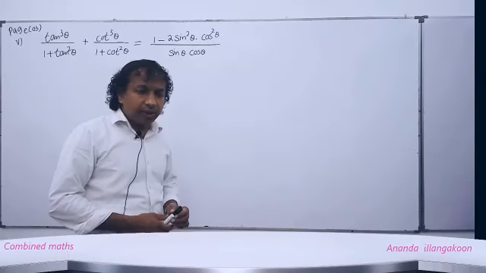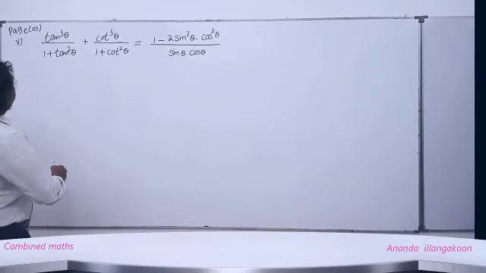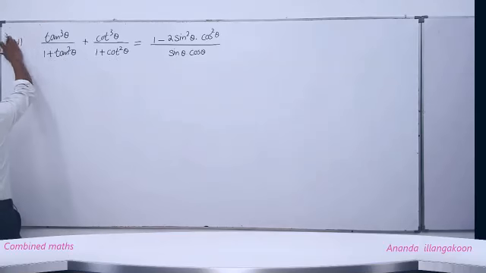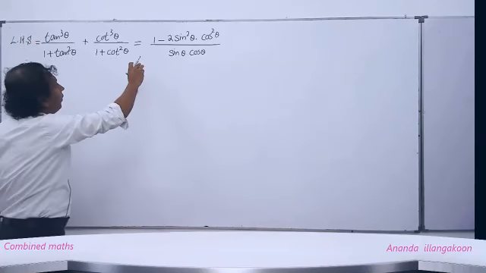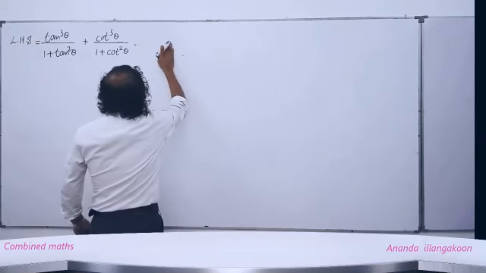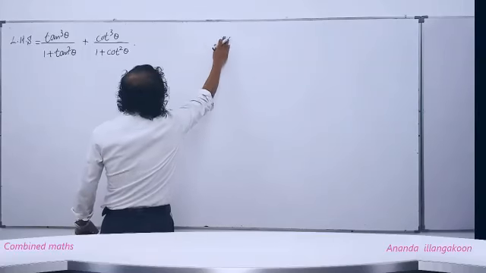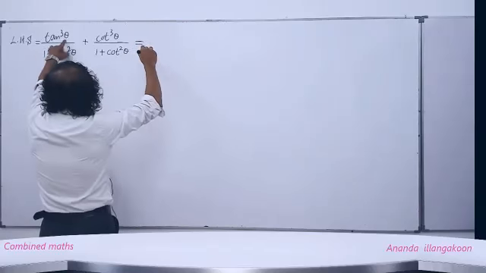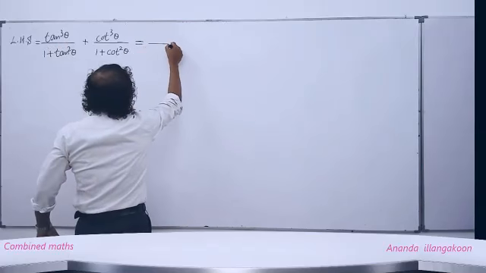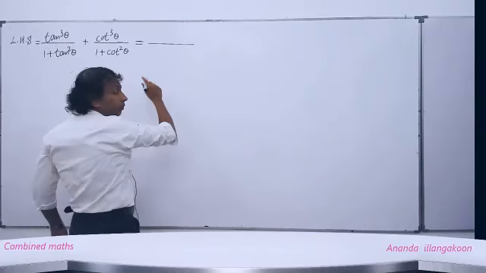Right, people. Now I'm going to start from the left hand side. I told you to start writing tan and cot in terms of sin and cos. Tan means sin by cos, no people?